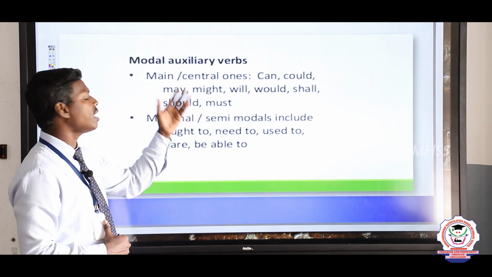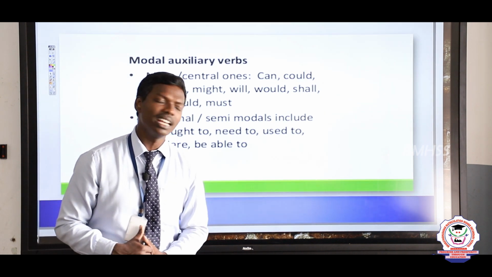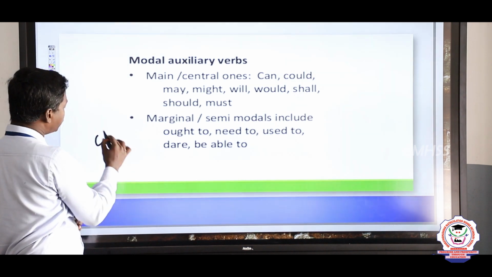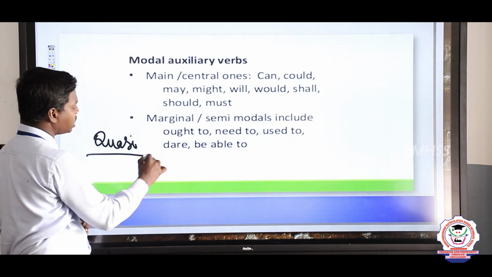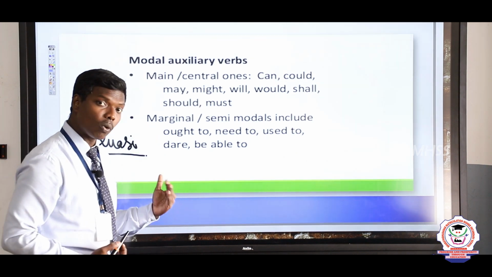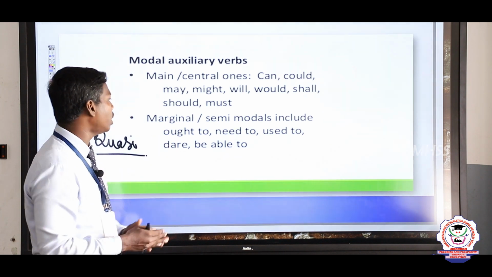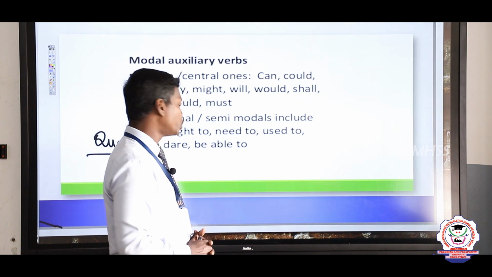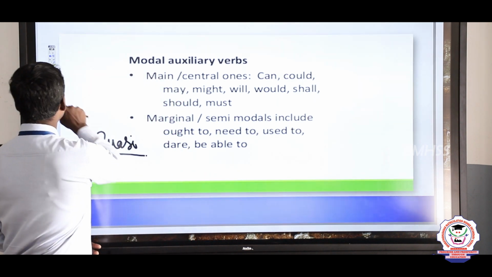All these come under main ones. And the marginal or the semi or the quasi modals: I spell out here Q-U-A-S-I, quasi. What do you mean by quasi? It refers to the half modals or the semi modals or the marginal modals. So we have got ought to, need to, used to, dare, be able to. All these come under this part.